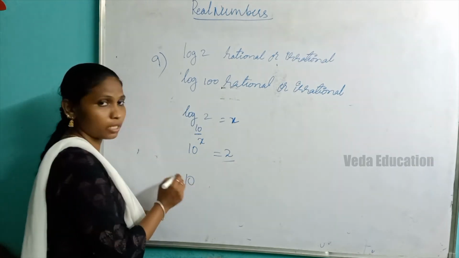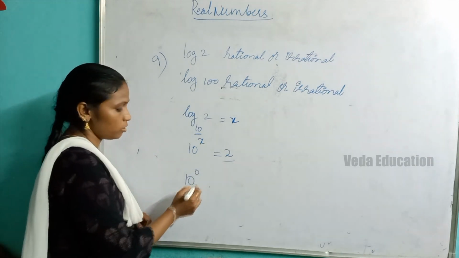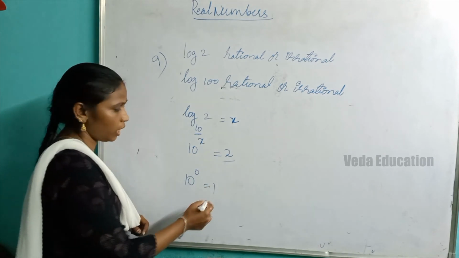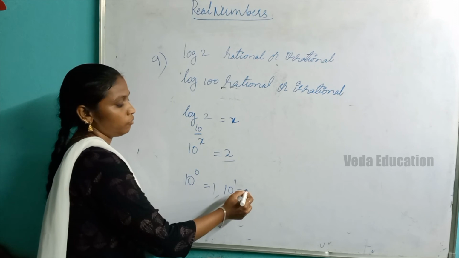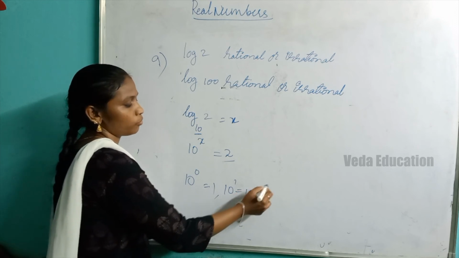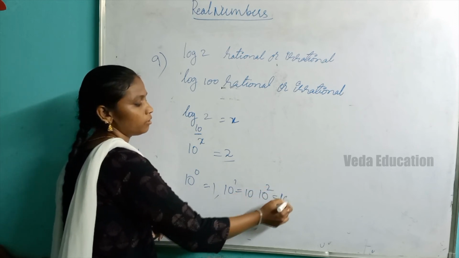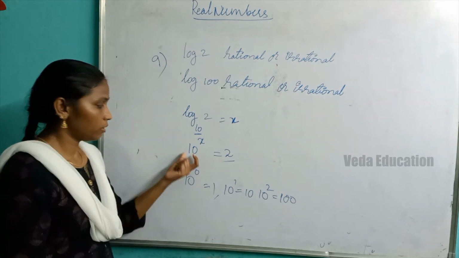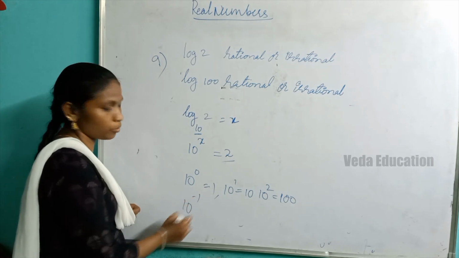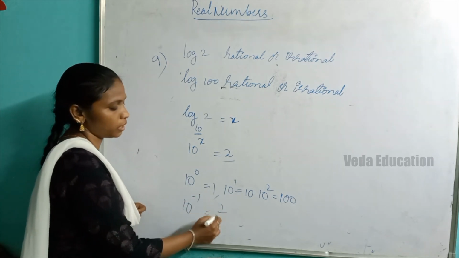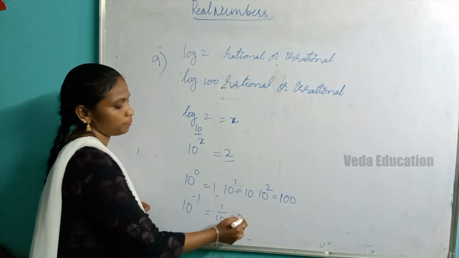get 2? Is there any number that, if you raise it, you will get 2? Suppose take here 0, I started with 0. 10 to the power of 0 is 1, and 10 power 1 you will get 10, and 10 to the power of 2 you will get 100. No number, you won't get the value 2. Suppose if you consider negative numbers, 10 to the power of minus 1, the value of this is 1 by 10. 1 by 10 is 0.1.